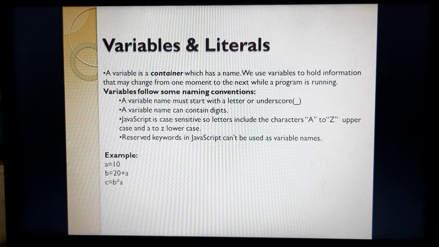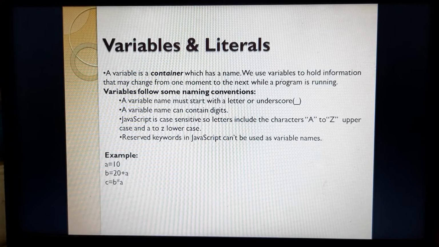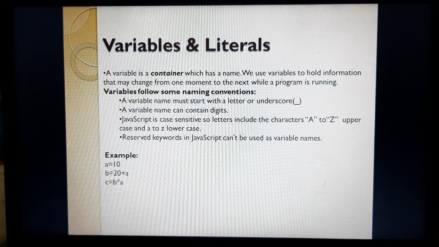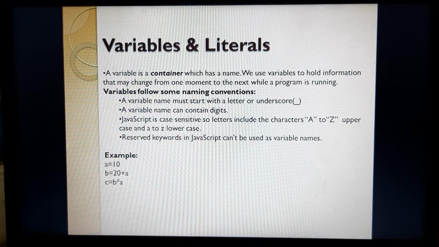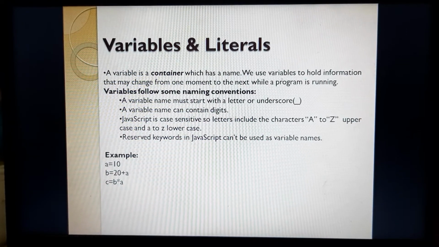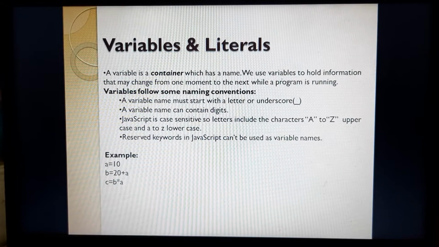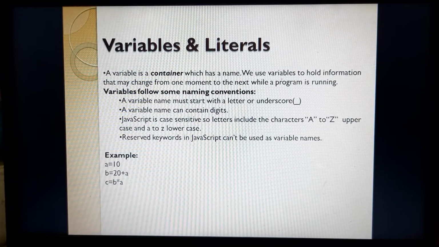So the first letter should be a letter or an underscore. The second convention is a variable name can contain digits, but it should not be the first letter. First letter should be an alphabet, and later on we may use digits for the variables.